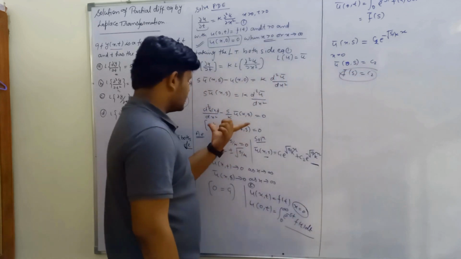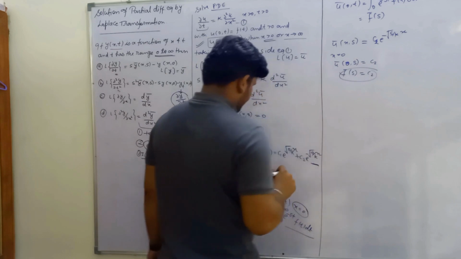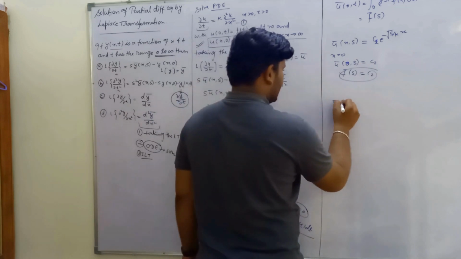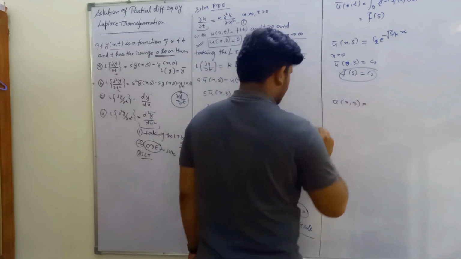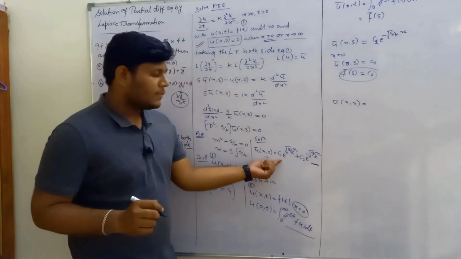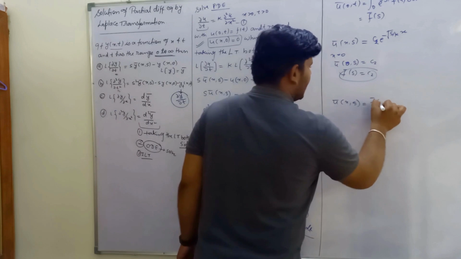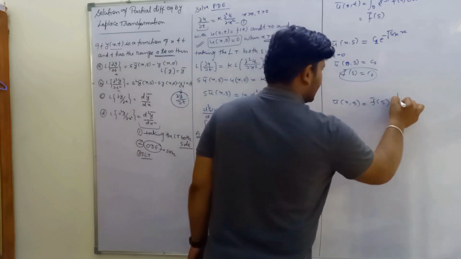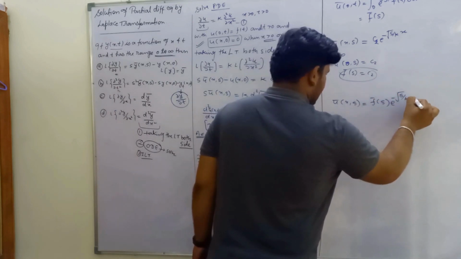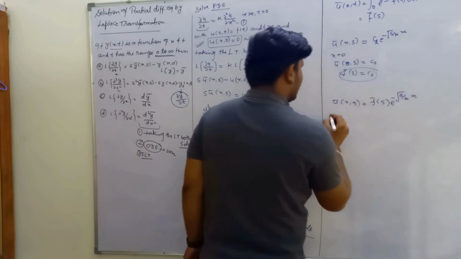Now I am putting this into the general solution. The general solution is ū(x, s) = c1 times something, with c1 totally 0, and now c2 is f bar(s), so ū(x, s) = f bar(s) e to the power minus root of s by k times x.